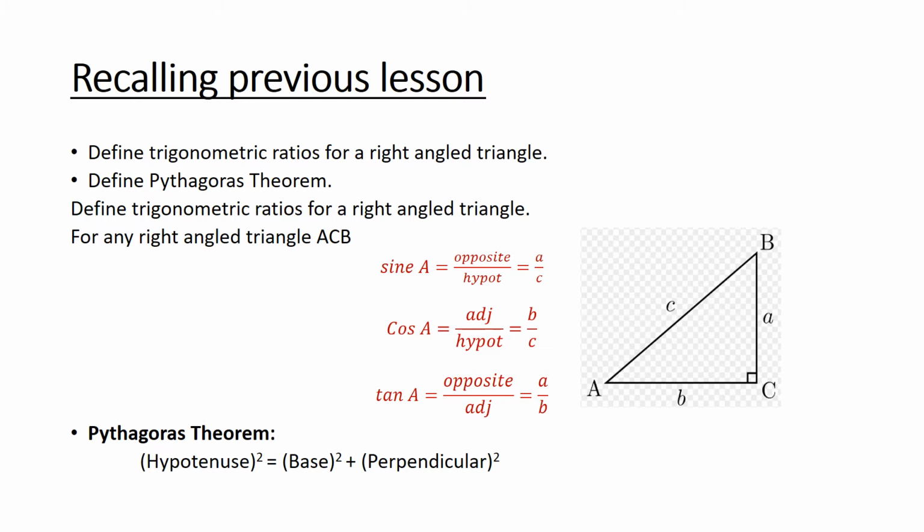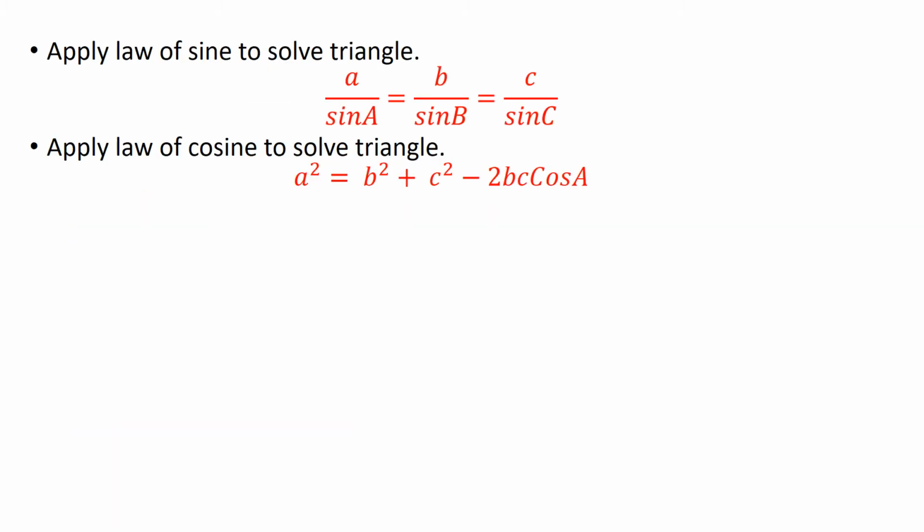Hypotenuse square is equal to base square plus perpendicular square. Similarly, we can also apply law of sine and law of cosine to solve a triangle.